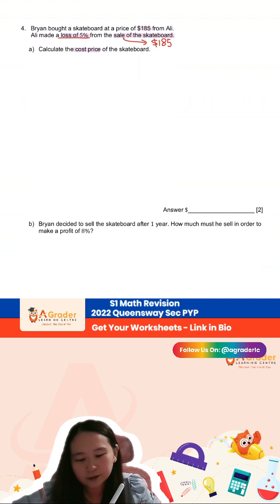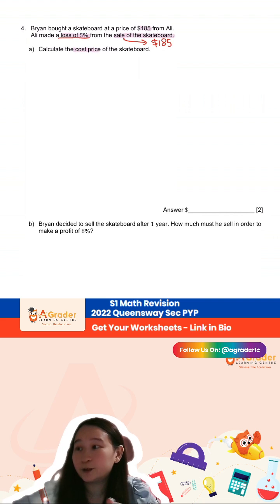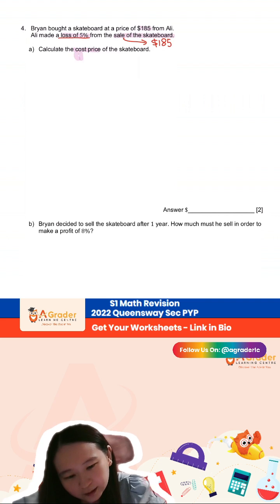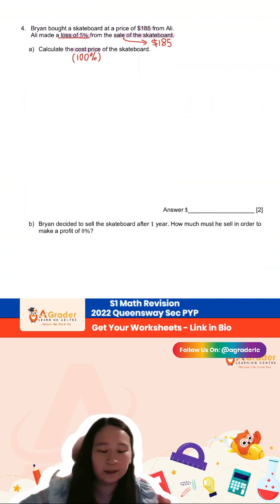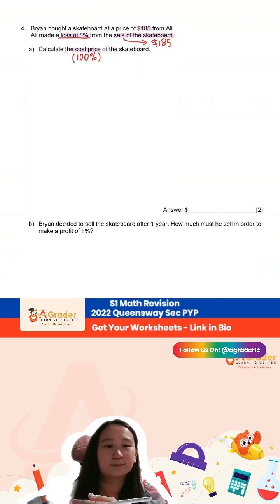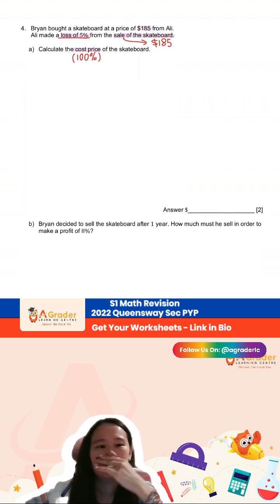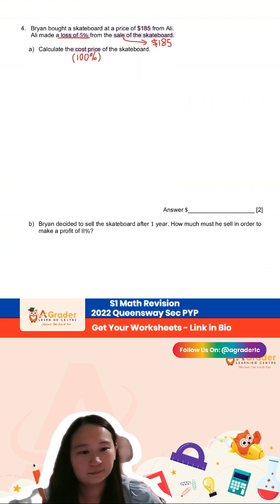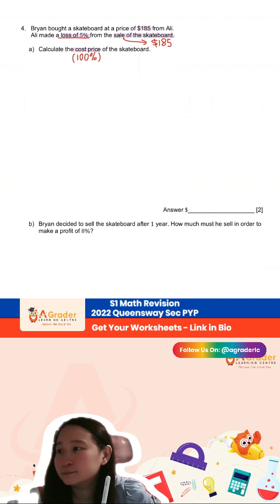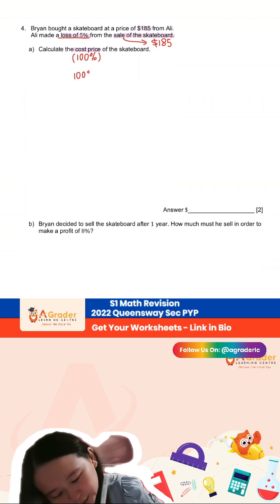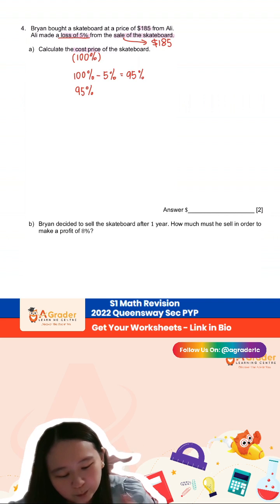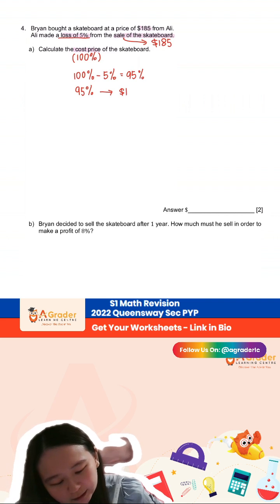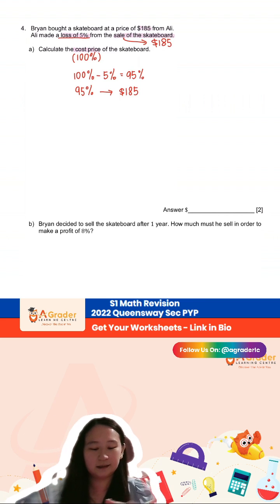Calculate the cost price of the skateboard. So if they're asking for the cost price, they're asking for 100%, which is also the amount that Ali paid for the skateboard. Okay, so 100% minus 5% will give you 95%. 95% is the amount that Brian bought from Ali, which is $185.